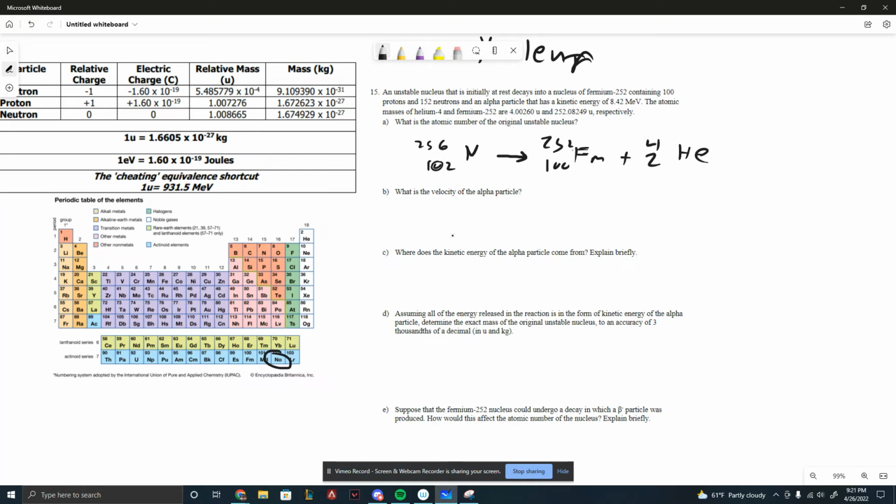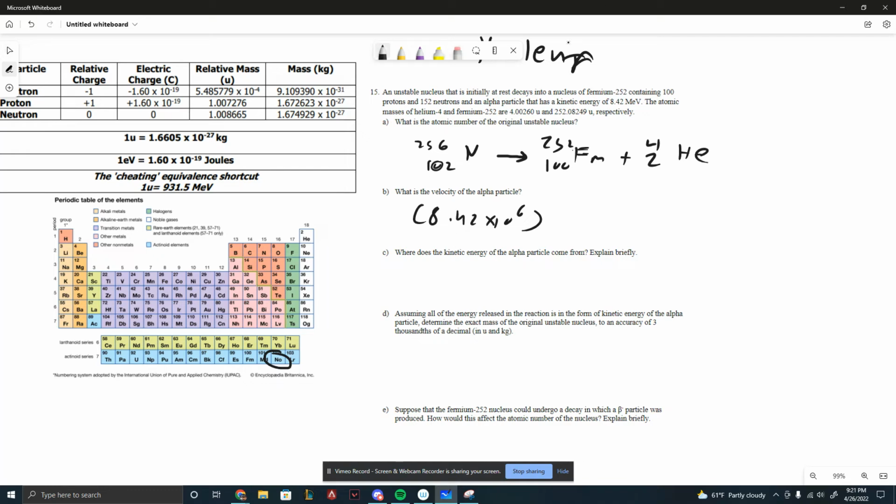Okay, so what is the velocity of the alpha particle? This is also a pretty straightforward question because they actually gave you the kinetic energy of it. You just have to turn that into joules and then do 1/2 mv squared. So be careful: 8.42 times 10 to the 6th electron volts. They give you what mega, kilo, all these things are on your AP sheet.